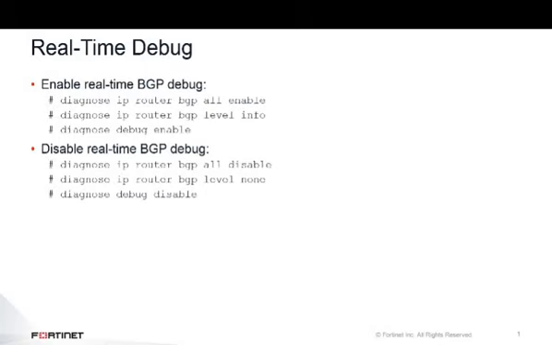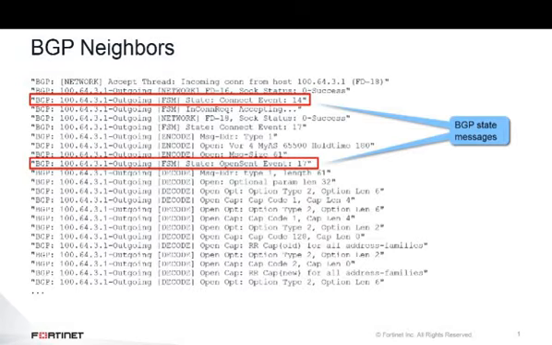This slide shows the commands you can use to enable and disable the BGP real-time debug. Note that this example enables debug output from event and level information. The next two slides show examples of real-time debug outputs from the successful establishment of a BGP session.